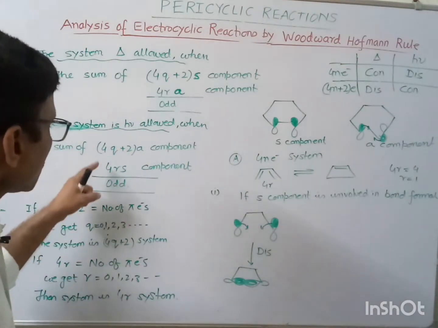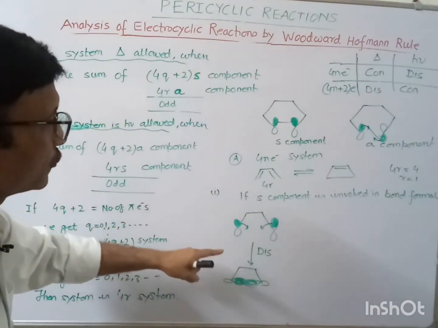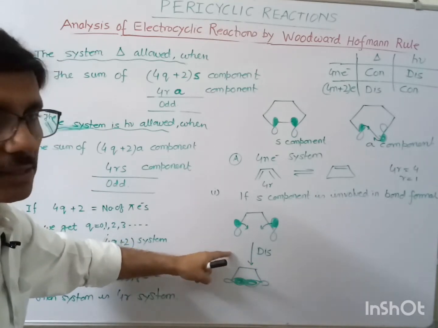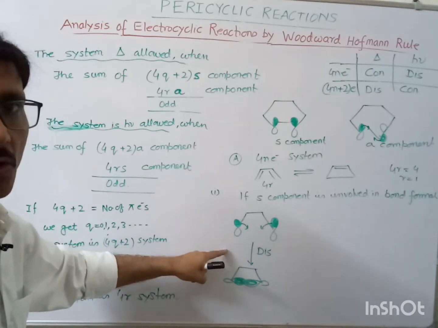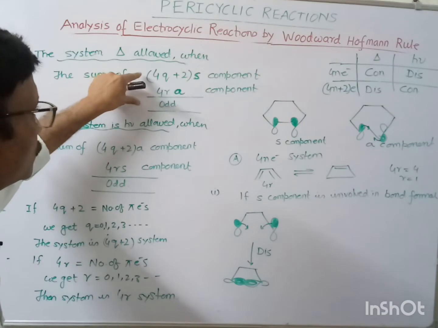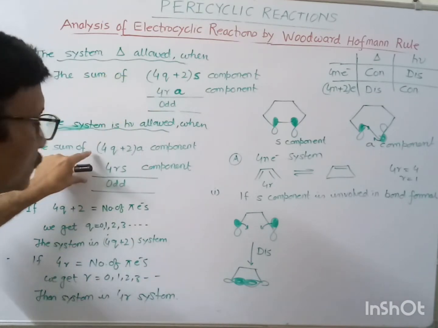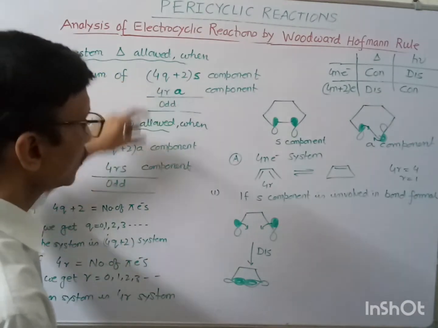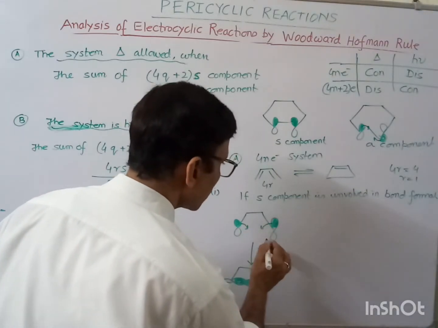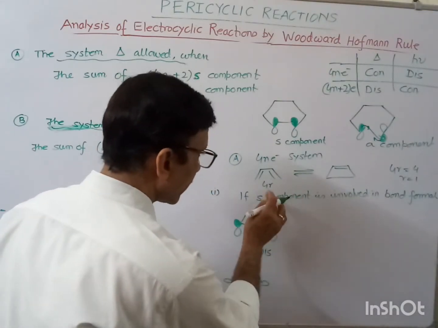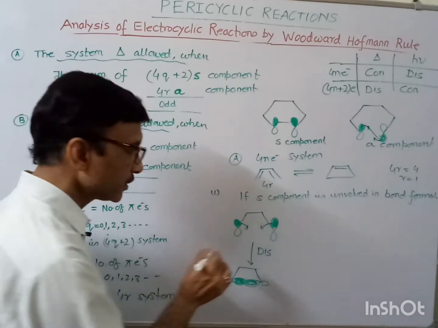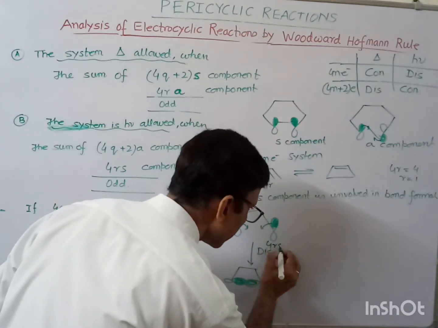Now suppose we have to check whether this condition is allowed thermally or photochemically. For this we have to see the sum of these two. Here this is our 4R, and when the S component is involved, then it is 4RS.